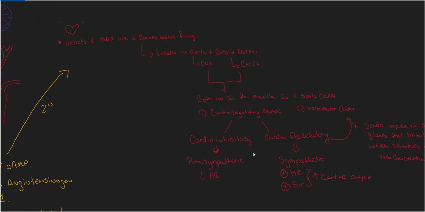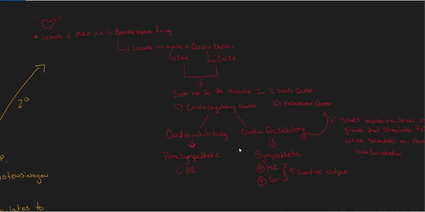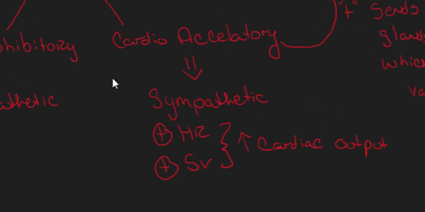So those same cranial nerves stimulate the medulla to send impulses down to say, hey, we need to increase blood pressure so that we can increase MAP. How do we do that? The cardioacceleratory system inside the medulla sends that impulse down the spinal cord, and we activate the sympathetic nervous system, which causes an increase in heart rate and an increase in stroke volume. What is our formula for cardiac output?